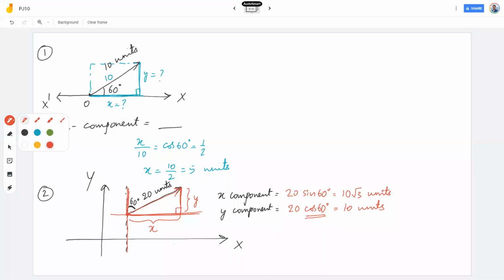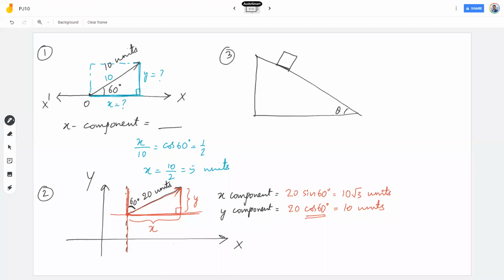One more. So that is an inclined plane on which there is a block of mass m. It has its weight acting on it, given by mg.